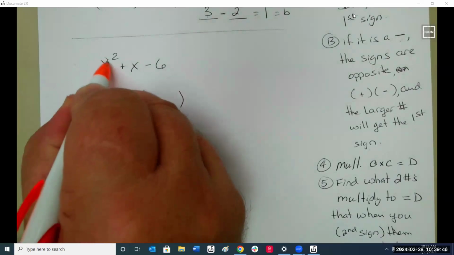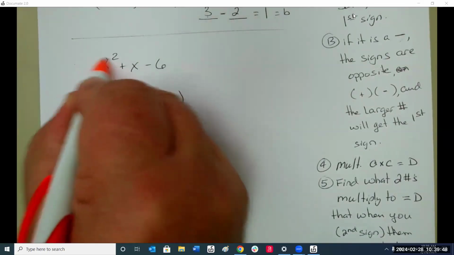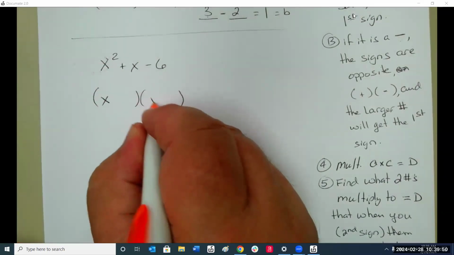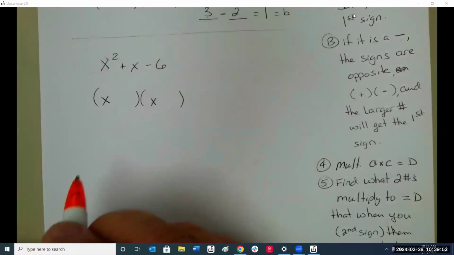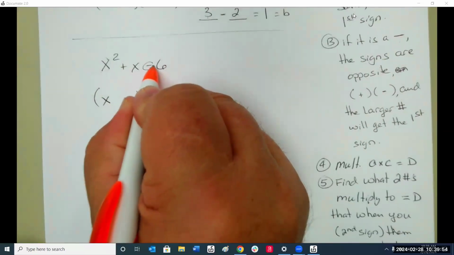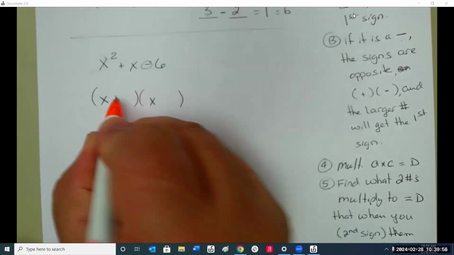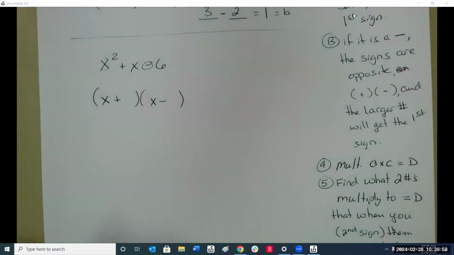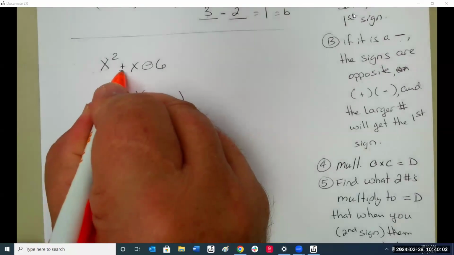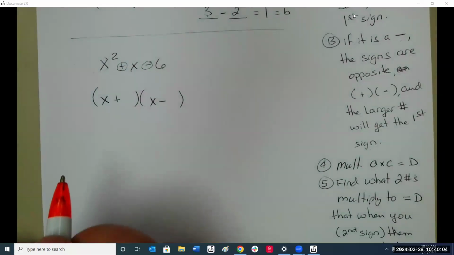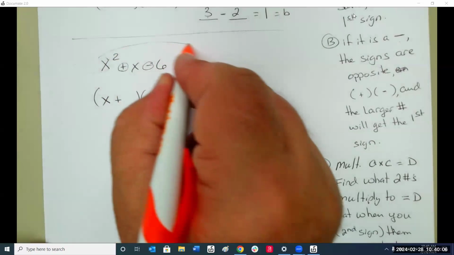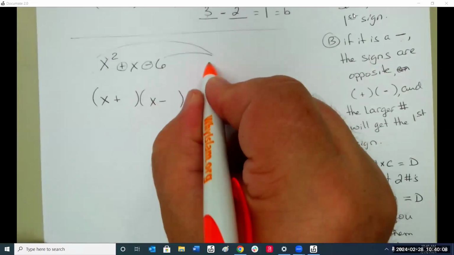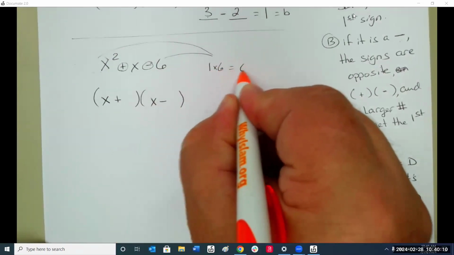So I take whatever's in front, I put it in the first spaces. The second sign's a minus, which means one's plus, one's minus. And the bigger number will get the plus. So A times C, which is 1 times 6 equals 6.